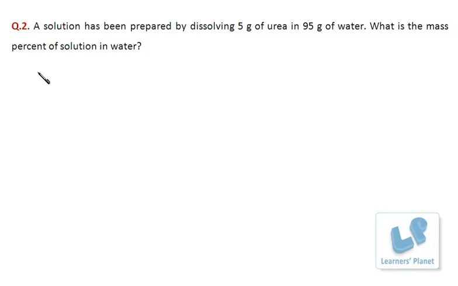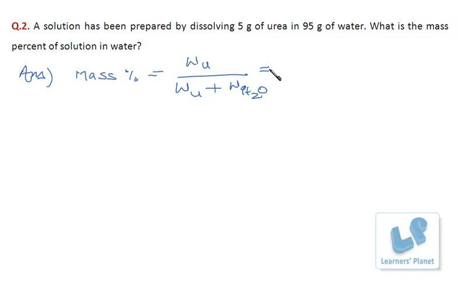So how will we solve this question? Let's write the formula first. Mass percent is equal to the mass of urea divided by the mass of urea plus the mass of water, multiplied by 100.